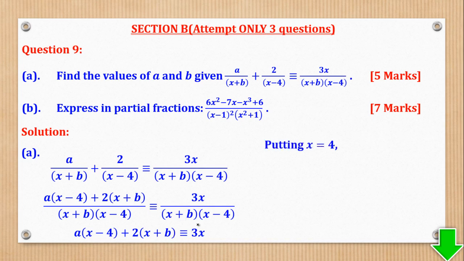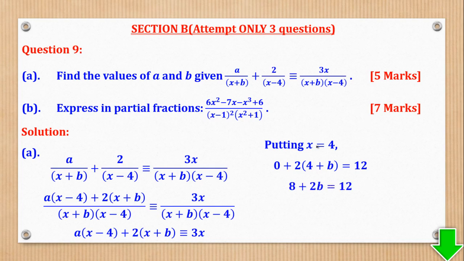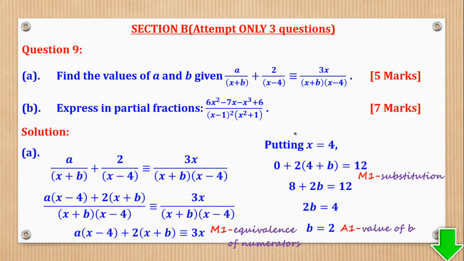So now I can say that putting x equal to 4, my aim is to make this 0. Where there is x, I'll put there 4. And here 3 times 4 gives you 12. So there I can get the unknown b as 2. But I also need to get the value of a.